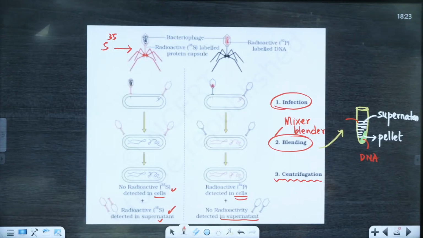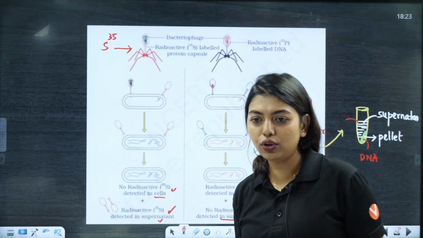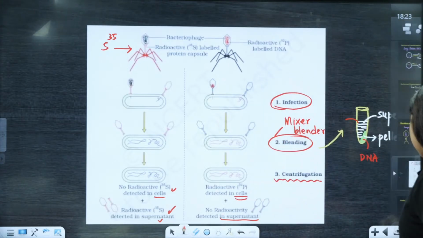Come on, come on. Understood? Thumbs up. Only if you give me a thumbs up, I'll move forward. Okay? Yes, ma'am. No doubts? Awesome. Clear to all of you? Perfect. Did you understand this?